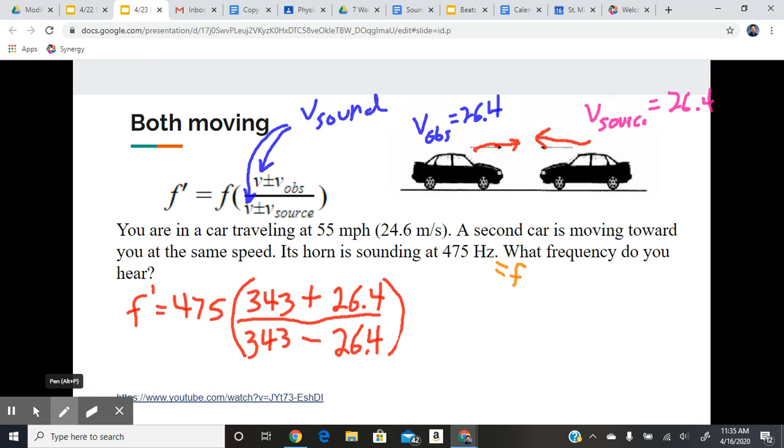So now I have everything plugged in, and you can go ahead and solve for that. And I will do the same because I actually don't have this one solved for right now.